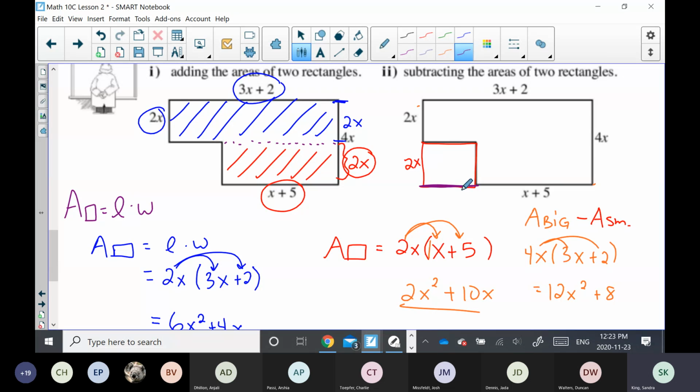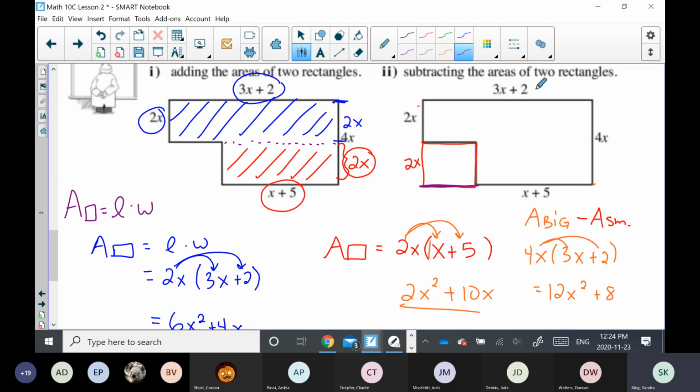You could subtract x plus 5 from 3x plus 2. That's exactly what it would be. This entire thing is 3x plus 2. I just want, so I know that this whole thing is 3x plus 2, right? This whole guy is 3x plus 2.